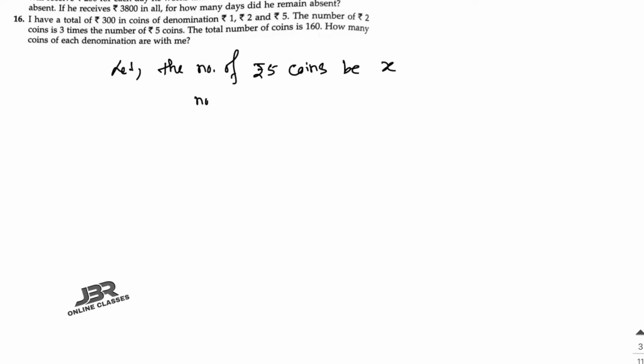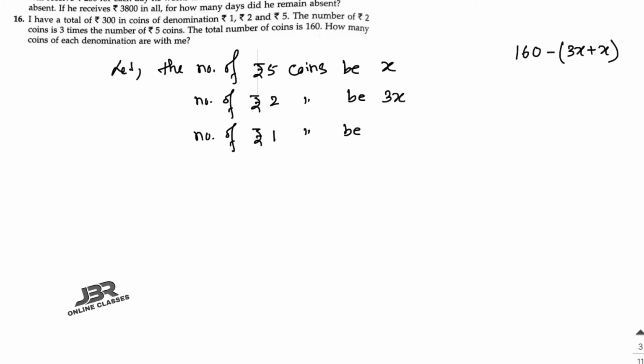Next, the number of rupees 2 coins is 3 times the number of 5 coins, so that means 3x. And the number of rupees 1 coins, as the total number of coins is 160, is 160 minus 3x plus x. That means you can write 160 minus 4x.